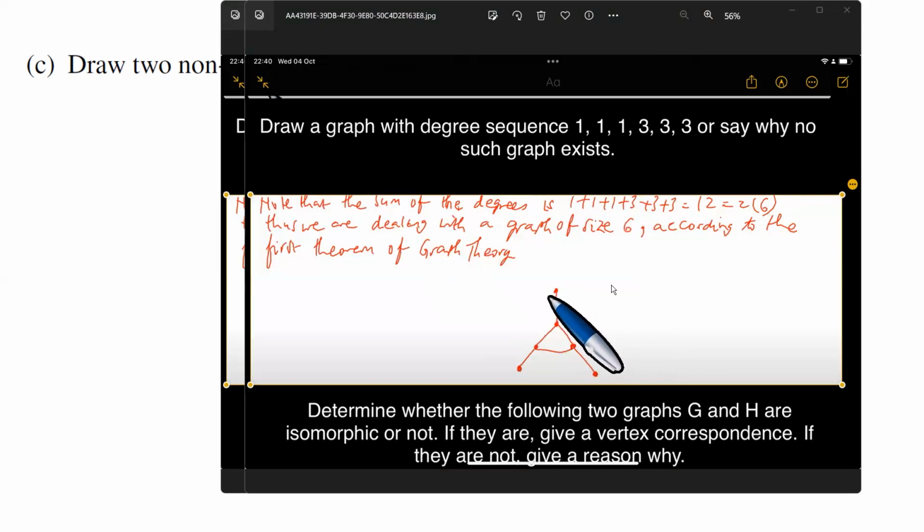Because now if this one is out, then this vertex here is going to be of degree 2. And if we want to force it to be of degree 3, we can't, because we would need a vertex for us to draw an edge. Okay, very interesting questions.